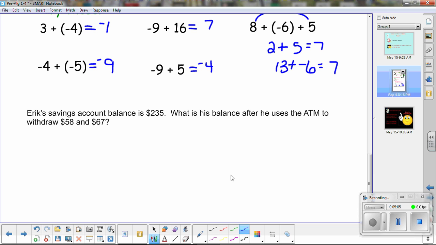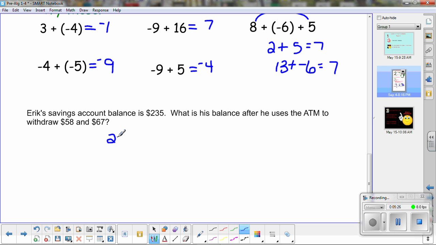The last problem says Eric's savings account balance is $235. What is his balance after he uses the ATM to withdraw $58.67? We're going to start off by writing a problem to represent the situation.